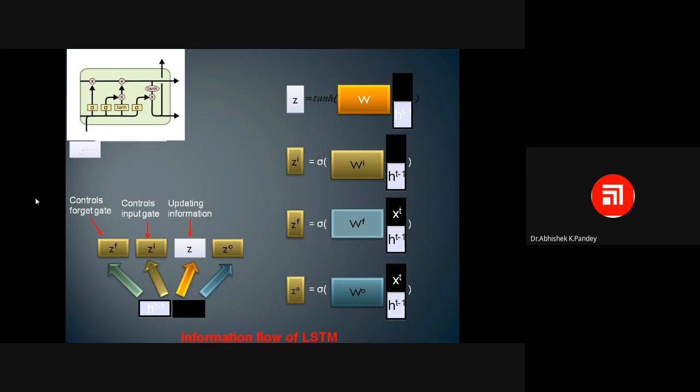Once the information is updated, in the last phase the cell passes the updated information from the current timestamp to the next timestamp, controlled by the output gate. I guess this is clear to all of you. So these 4 matrix computations should be done concurrently, and then only can the LSTM be performed.